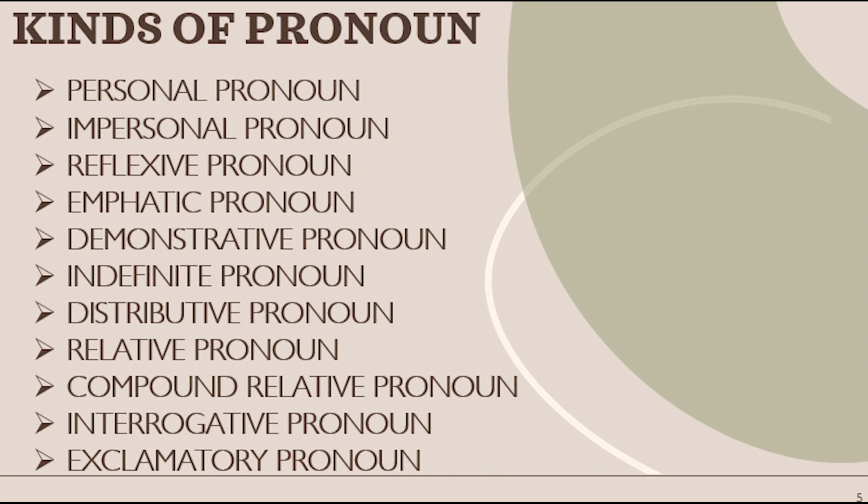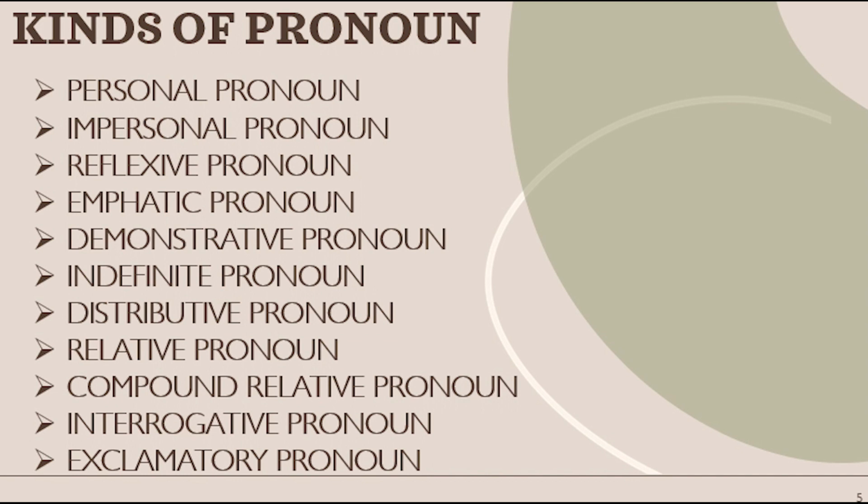Okay. So let's see what these compound relative pronouns are. These are the pronouns formed by adding ever or soever to who, whom, which, or what. Means whatsoever, whomsoever, whosoever, whichsoever, whichever, whatever, whosoever, whoever.